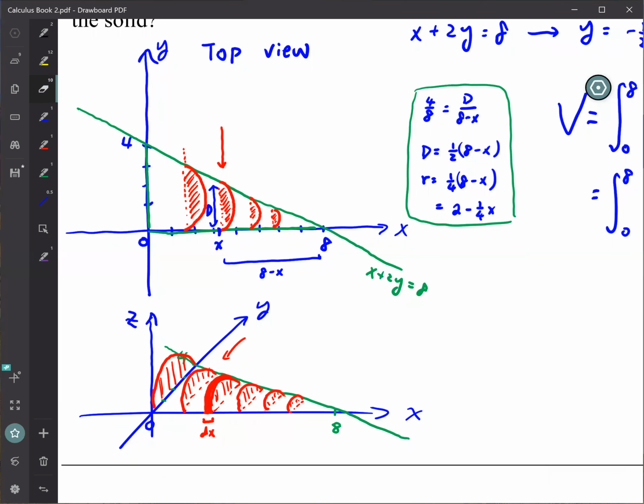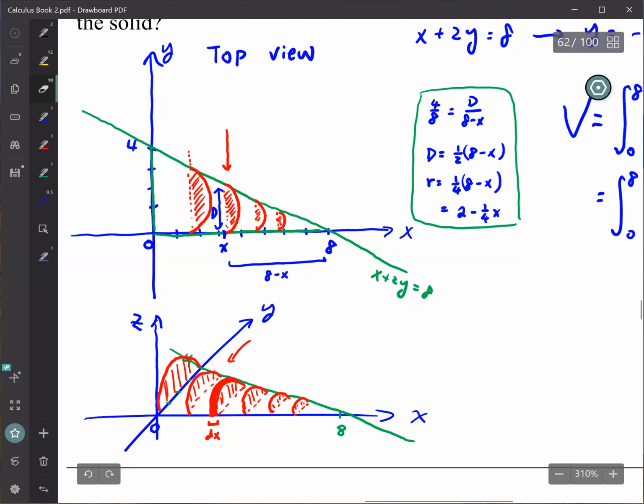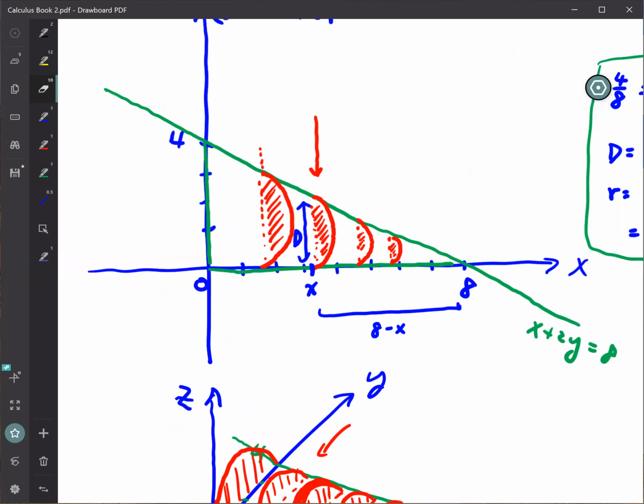Now let's look at this differently, okay? If I want to find the radius, we need to get the diameter, right? The length of the diameter depends on how tall the green line is, right? For example, if I shift the x, let me erase this x. If I make the x go to the left, then your diameter will be longer, right?